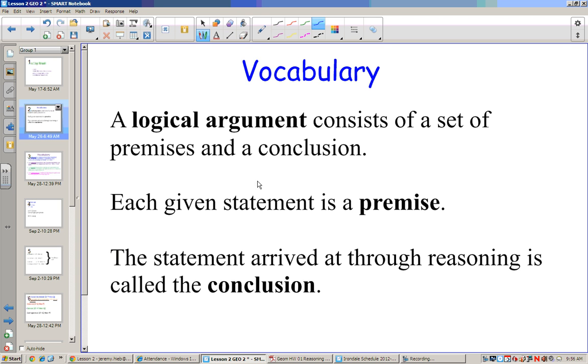Each given statement is called a premise, and then the statement arrived at through the reasoning is called a conclusion. Now think of this when you use deductive reasoning. Think of a murder scene.